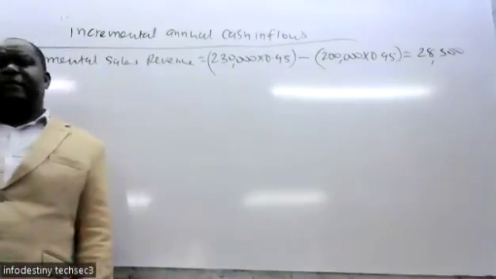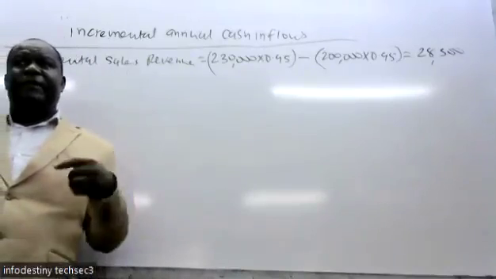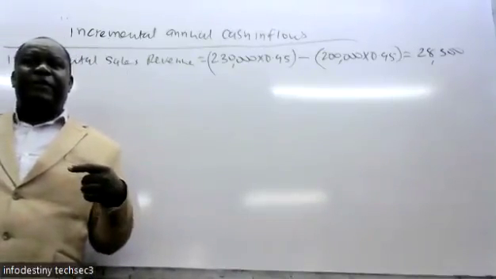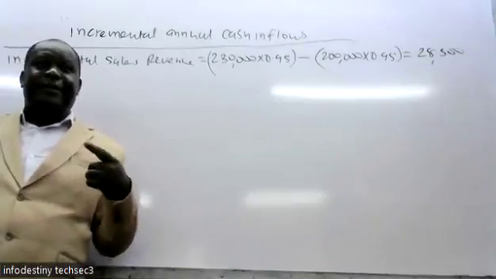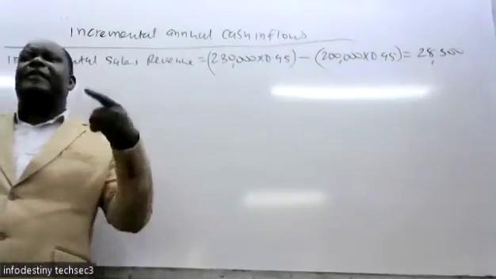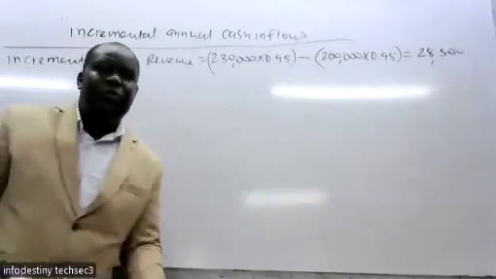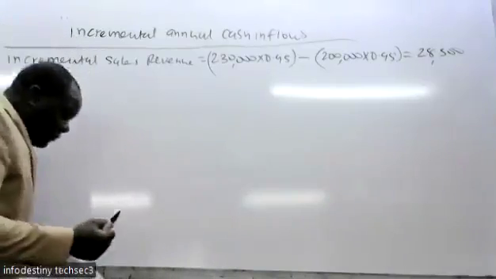Is it the existing machine or the advanced machine? Advanced has more. So if the advanced has more, it means it is incremental material cost. So we less incremental material cost.